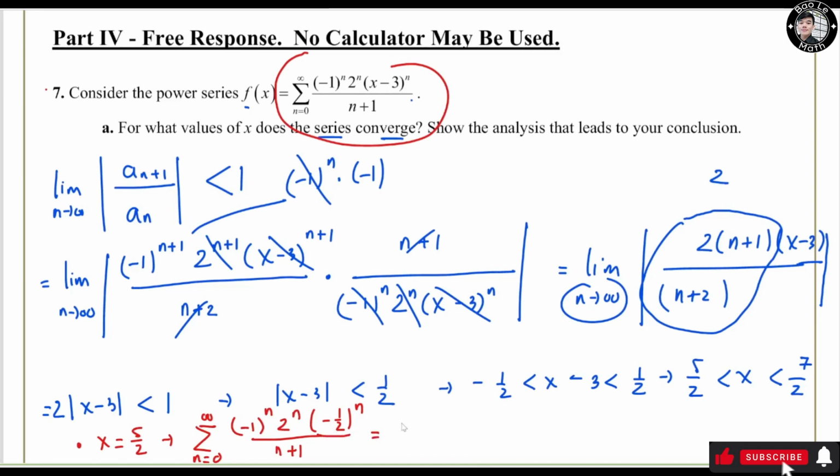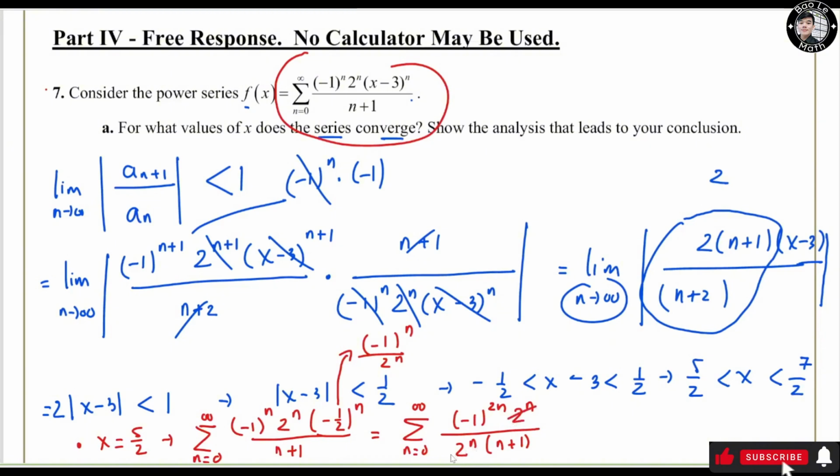So to simplify this one, it's going to be the series n start from 0 to infinity. Negative 1 raised to the n and negative 1 raised to the n is going to be negative 1 raised to the 2n, right? Now I have 2 raised to the n, I bring it to the bottom, right here. And I have 2 raised to the n on the top right here, right? And on the bottom I have n plus 1, right? Because this one can be written as negative 1 raised to the n over 2 raised to the n, right?